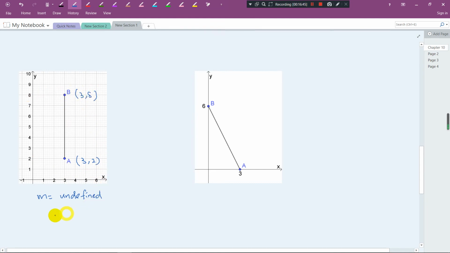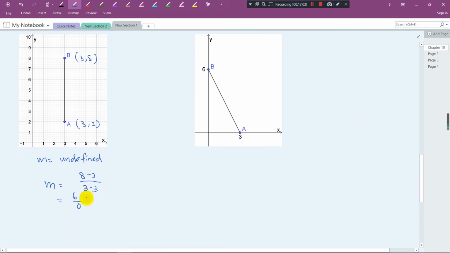If you want to calculate gradient, y2 minus y1, 8 minus 2, over 3 minus 3. So this will give you 6, and this will give you 0. 6 divided by 0, we get undefined. So the gradient is undefined.